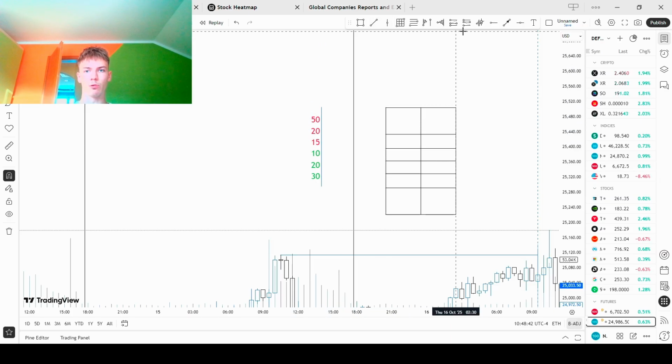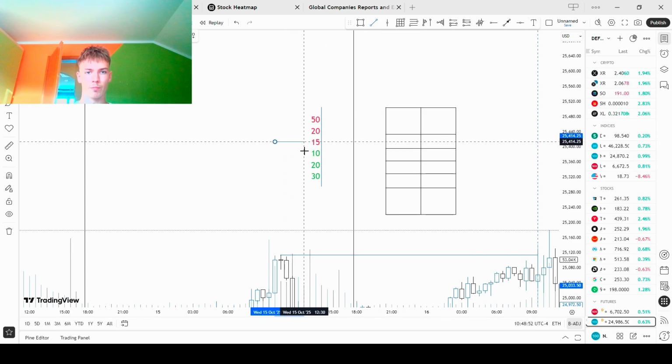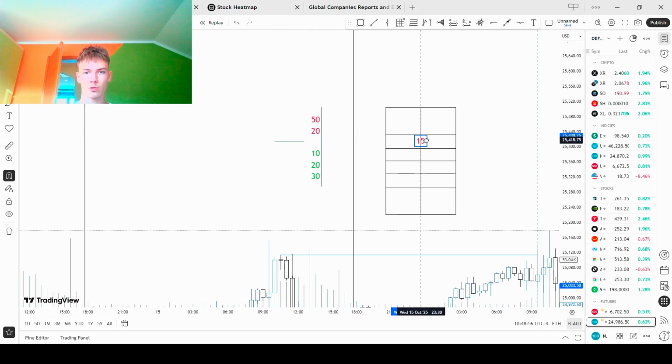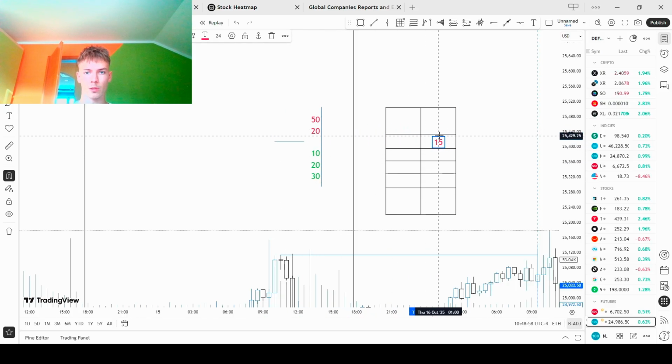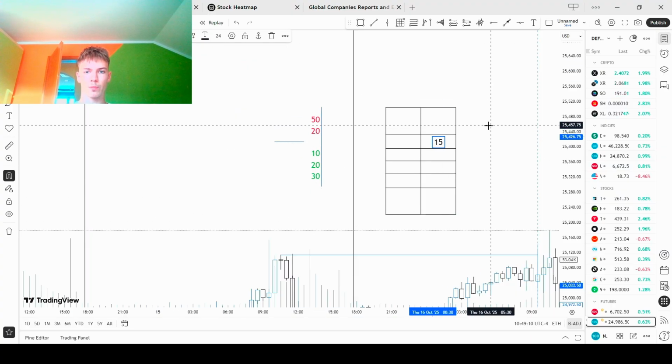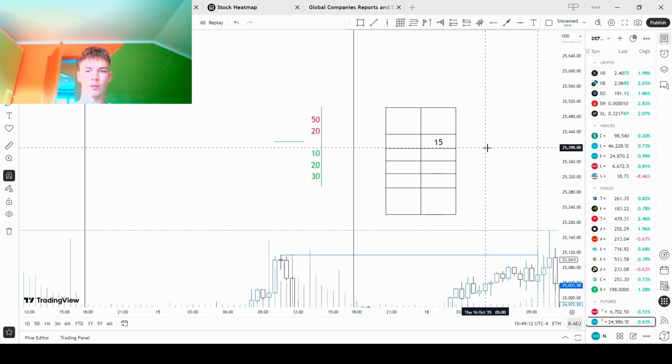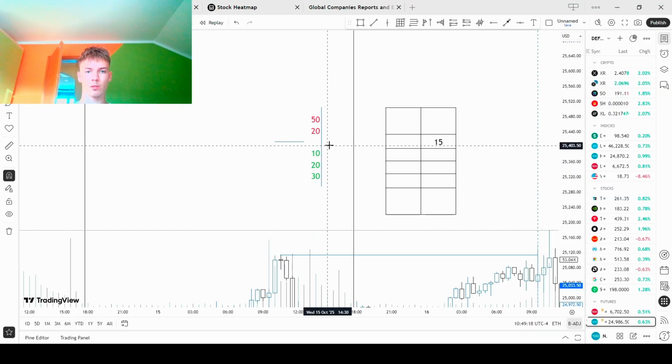So let's say there is a buyer that wants to buy 15 contracts, and he will buy at the best ask price right here, and those contracts will move onto this order book. 15 contracts will disappear from here and be written in the book. Then you have an aggressive seller that wants to sell at market.